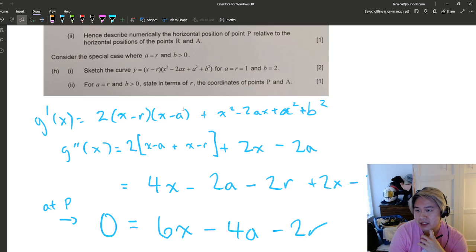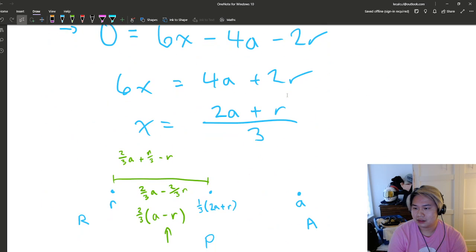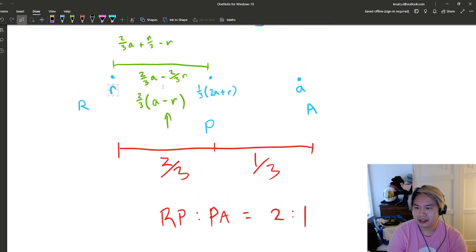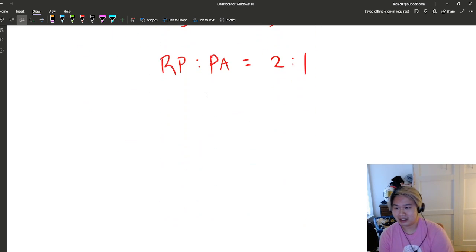Consider the special case where A is R. Sketch the curve. Can't you just graph this? Well, if A and R are the same, then don't they just overlap? So before I check this, I think the graphs look like this, right?